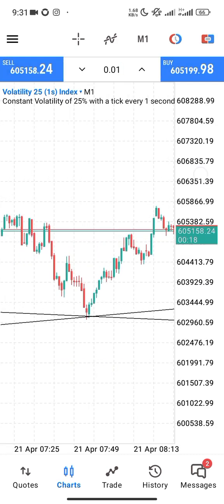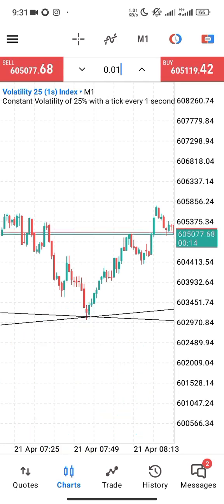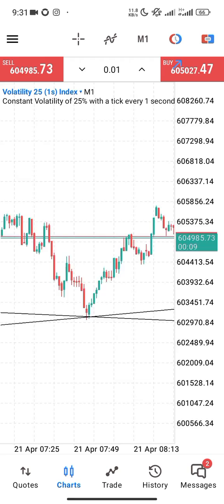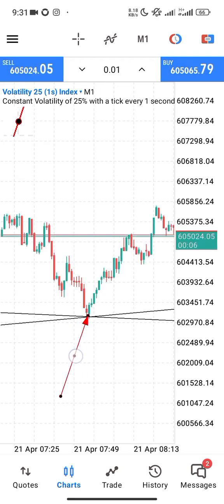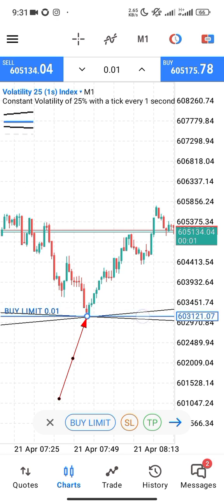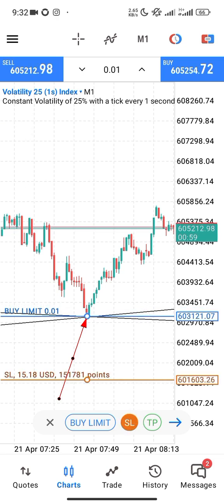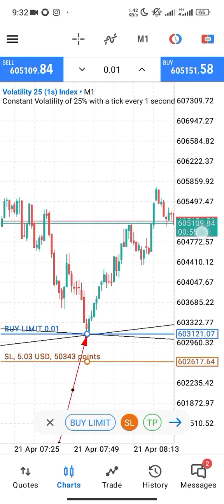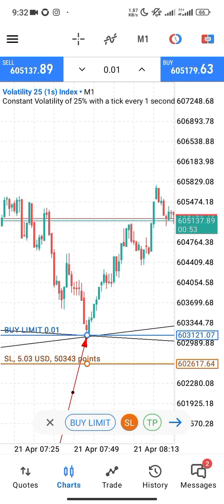You can see you enter from this place. Let me take my arrow. If you take your position from here, you have this, and your SL is $5. This is your SL. No, sorry.